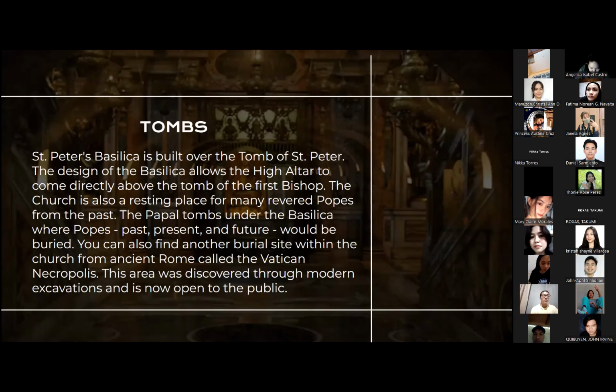The cathedral contained papal tombs and a necropolis under the structure, most of them Vatican tombs. The tomb was designed by Gian Lorenzo Bernini, from 1620 to 1624. The tomb of Saint Peter's burial is at the altar of Clement Chapel, which is considered a sacred part of the church. Next slide po.